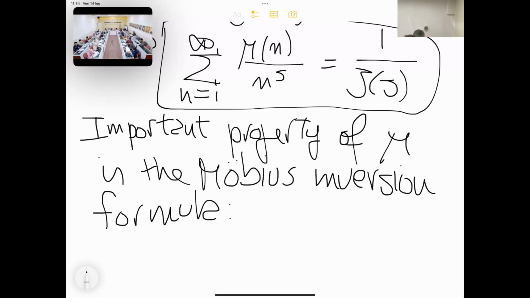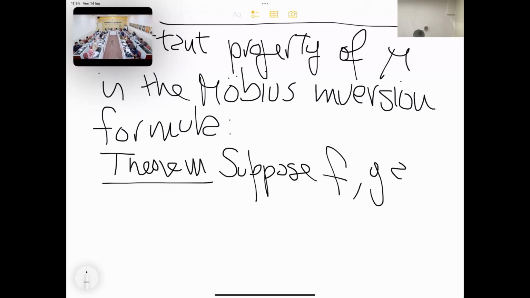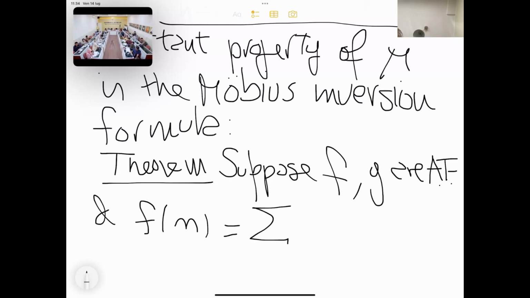So the Möbius inversion formula is the following theorem. Suppose that f and g are arithmetic functions, and that f of n is equal to the sum over d dividing n of g of d.